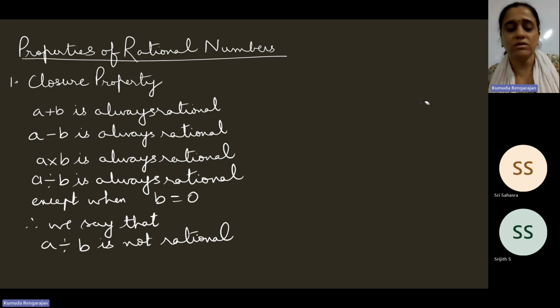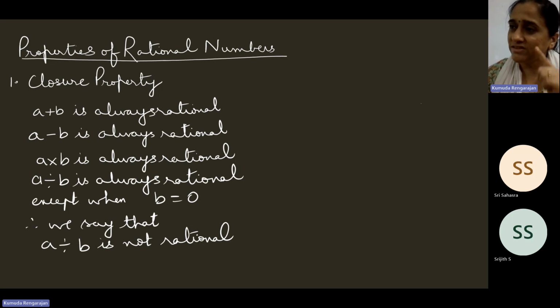So what are we talking about? We're trying to understand the closure property of rational numbers. Consider two rational numbers A and B. A is a rational number, B is a rational number. Find A plus B. You will see that the sum is also rational, always.